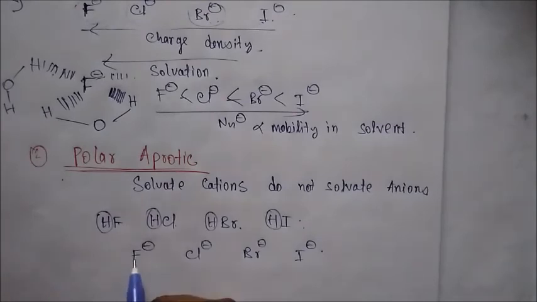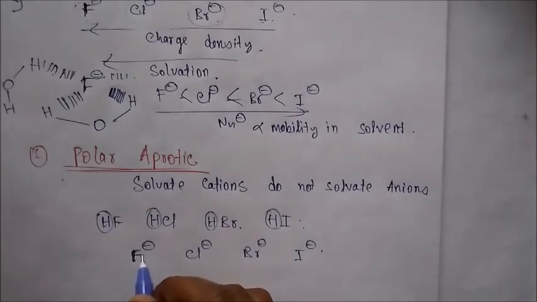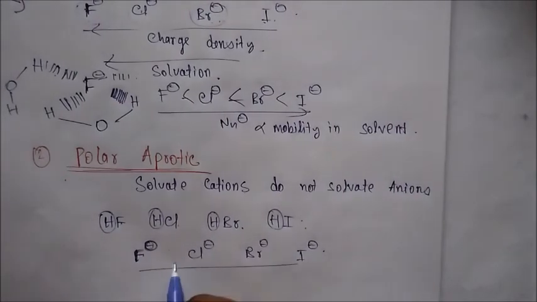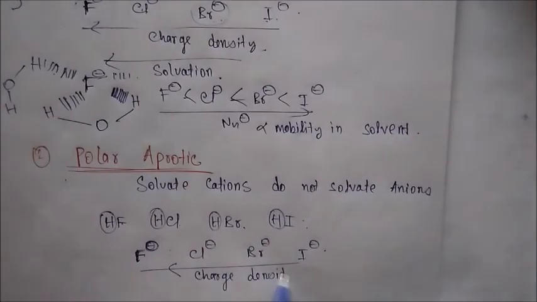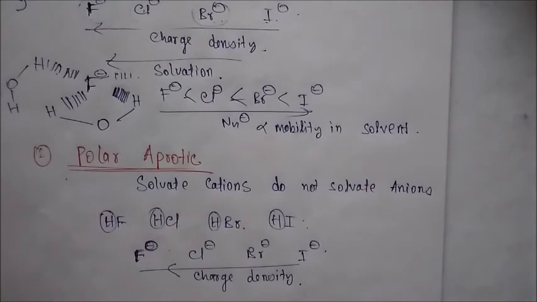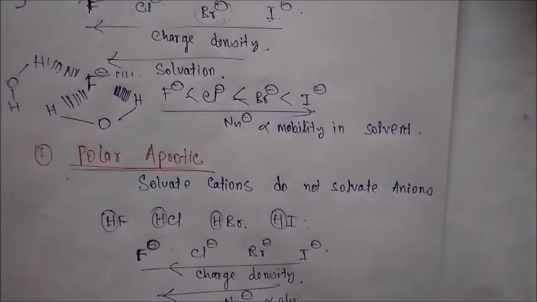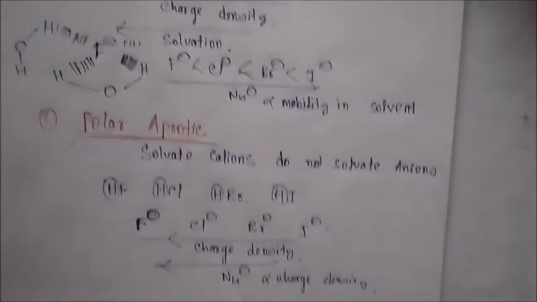So now we have to see the nucleophilicity, that will be greater for F minus, because it has higher charge density, but it is not getting solvated. So nucleophilicity is directly proportional to charge density. Okay, in the polar aprotic.